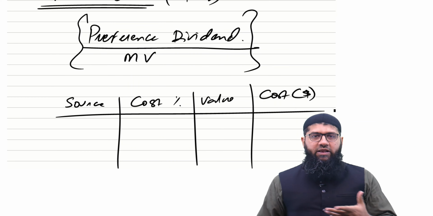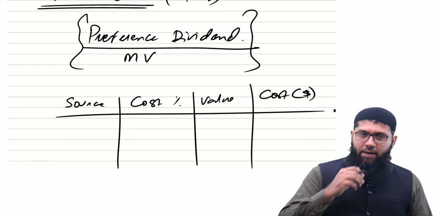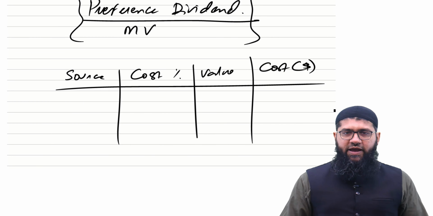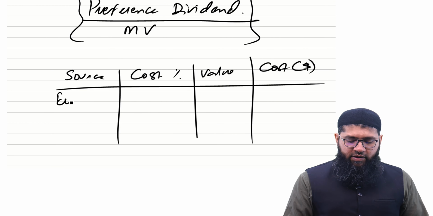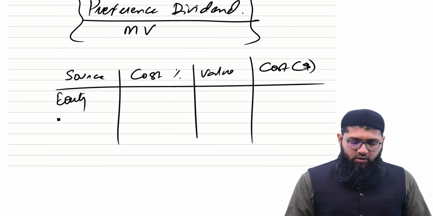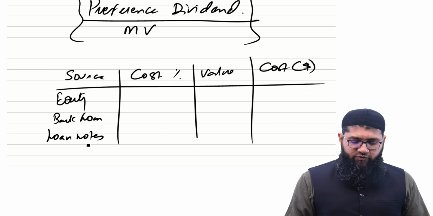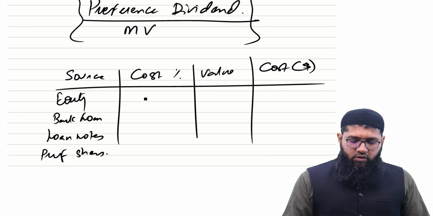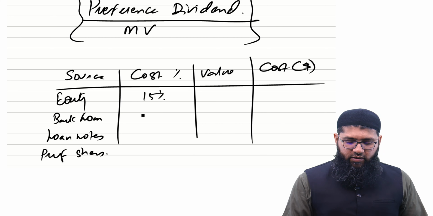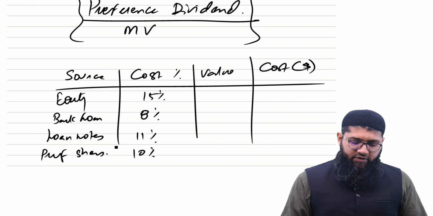Let's say we have equity, bank loan, and loan notes, with costs of, let's say, 15%, 8%, 11%, and 10%.